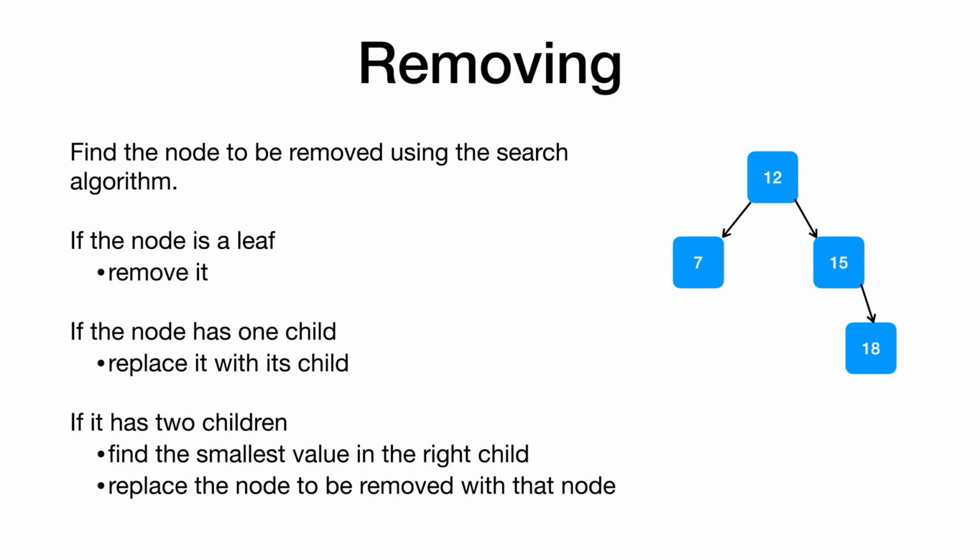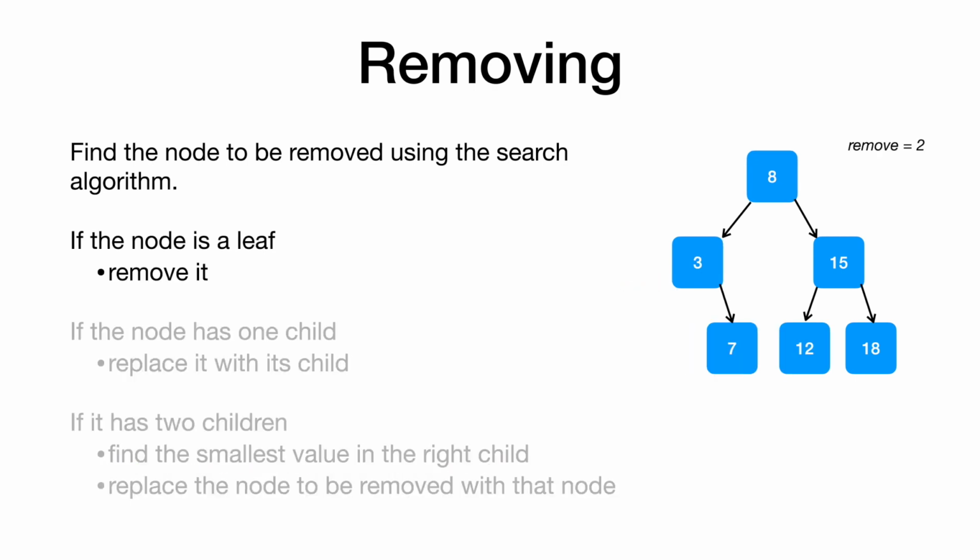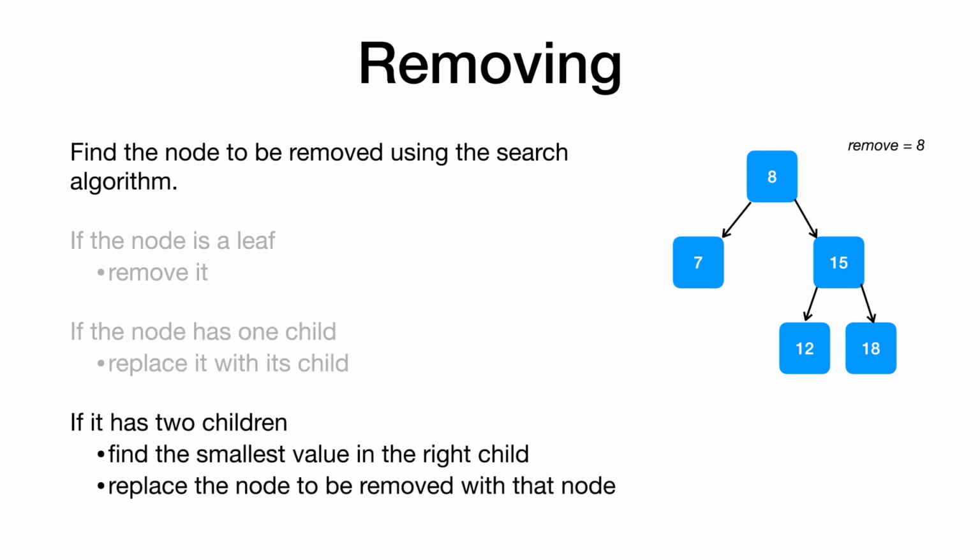Again, here we were lucky in that 12 was a leaf, right? But if 12 had had 2 children, we would have traversed left further. So it couldn't have had 2 children. It would have only ever had 1 child. So when we move 12 up, we might have had to move its child up, right?